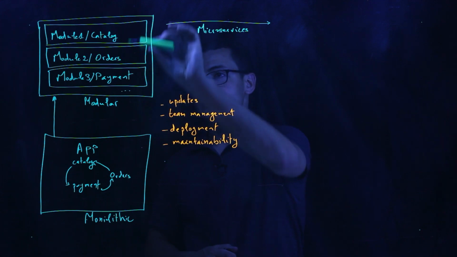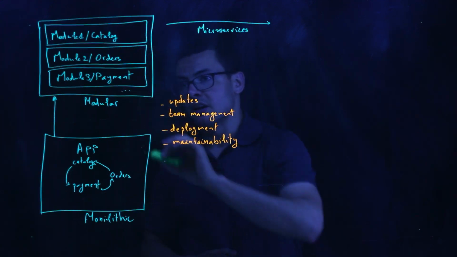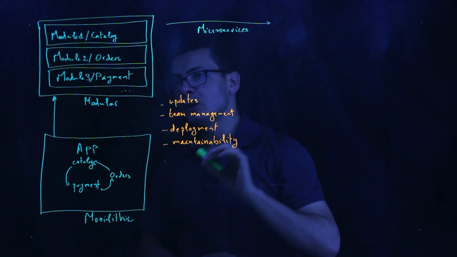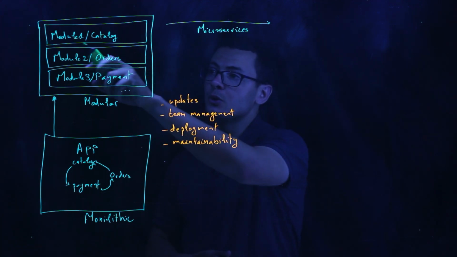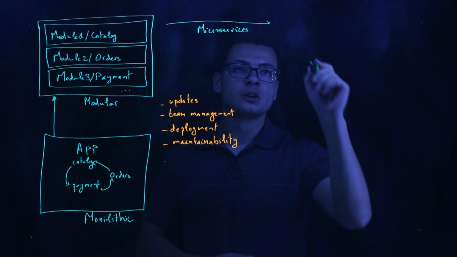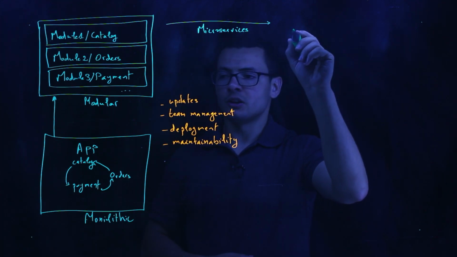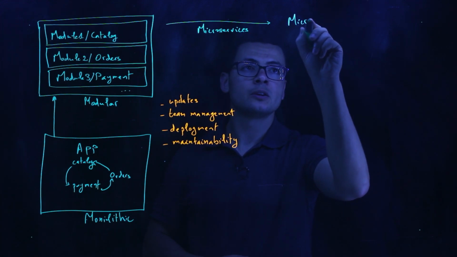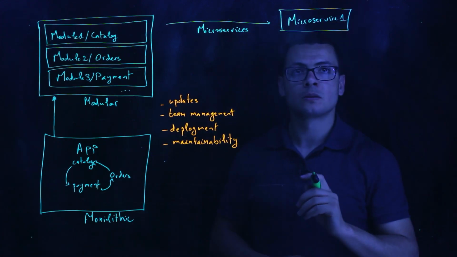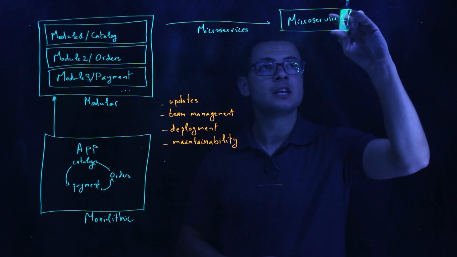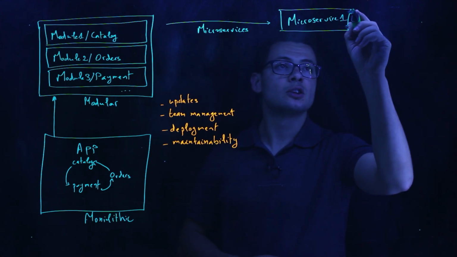So if we apply microservices to this app, then we'll have different microservices. We'll extract the first module into a separate microservice. So let's say that now we'll have our microservice number 1. And maybe microservice number 1 is the one that implements the catalog.